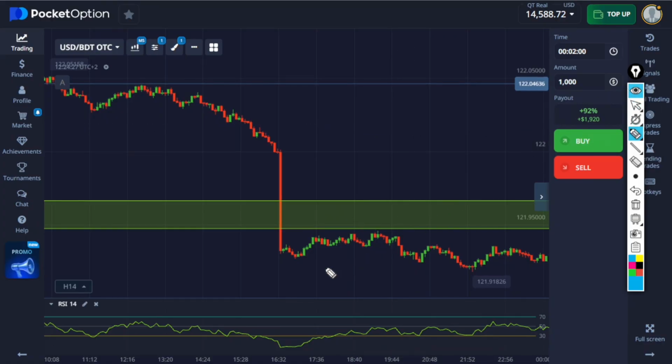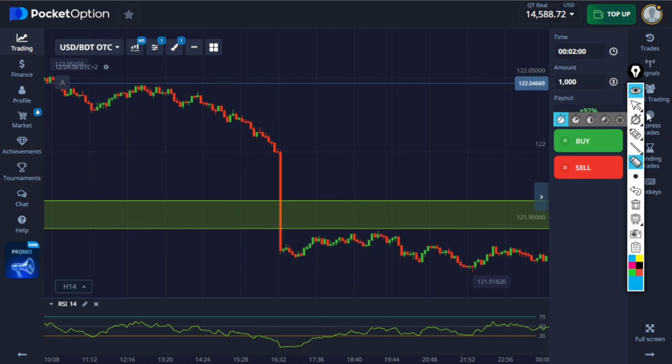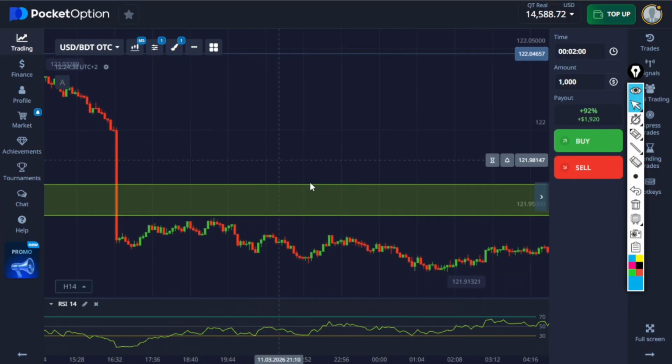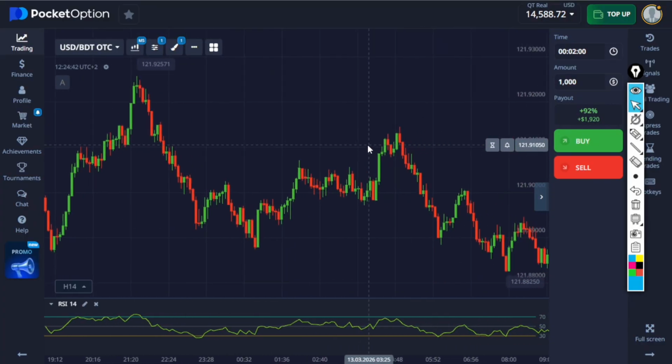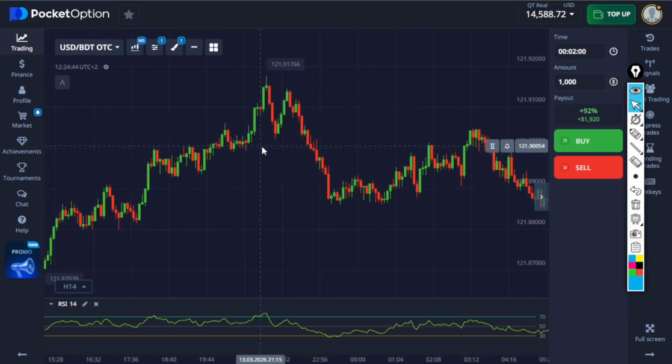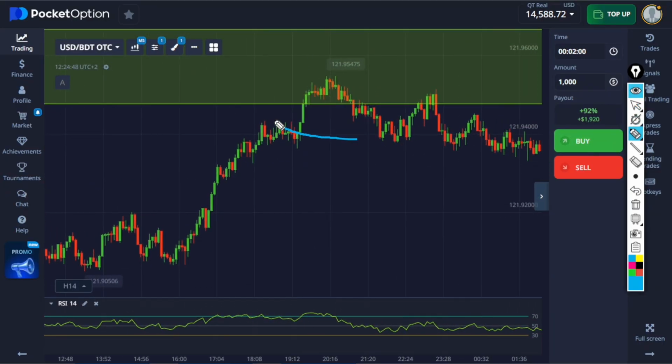Now, right in front of you, here we have a clean break of the same support zone, the same area of interest I marked up at the beginning. Okay, and as you can see, we got a continuation of that bearish market structure to the downside, confirming the break. And if we move across, right over here, we got the first retest of this resistance zone, former support.